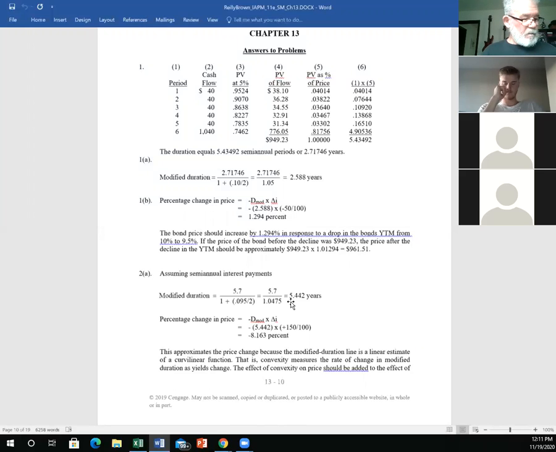I have it right here. Modified duration. Yeah, okay. So they use the interest rate per period for that.